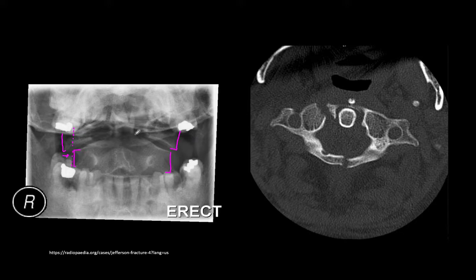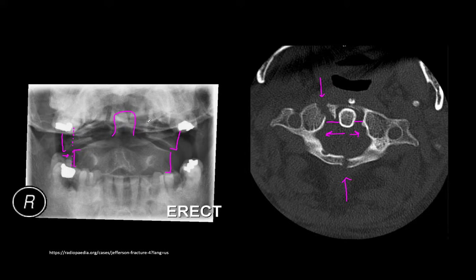And the reason why the lateral masses are spread out is because there's a fracture on both the anterior and posterior portions of the arch, spreading the lateral masses farther away from each other, and also increasing what we call the paraodontoid space. Remember the paraodontoid space on an AP open mouth, para next to odontoid, the space next to the odontoid.